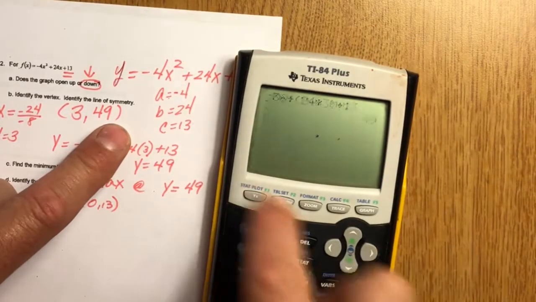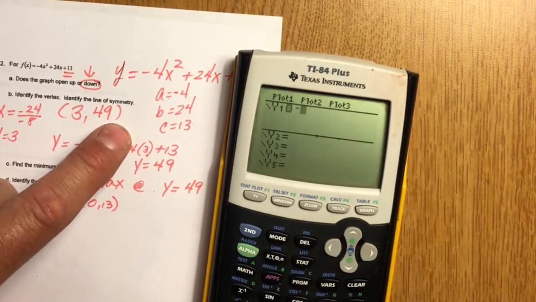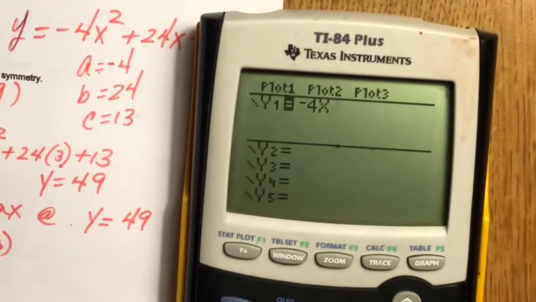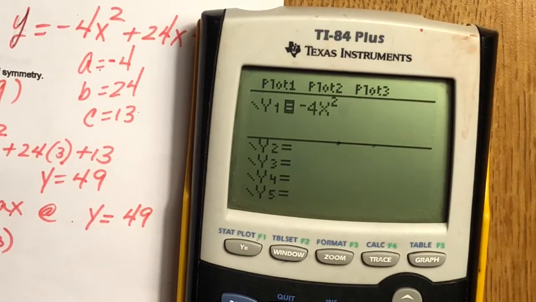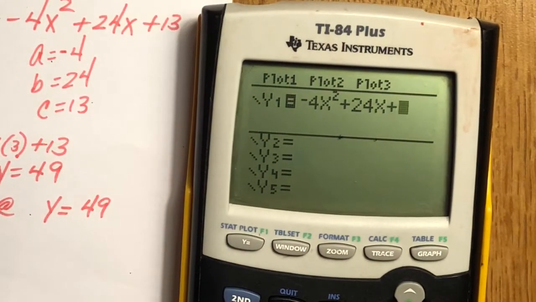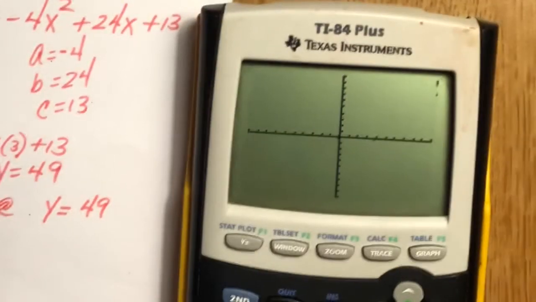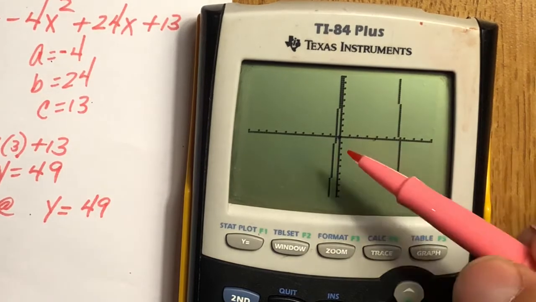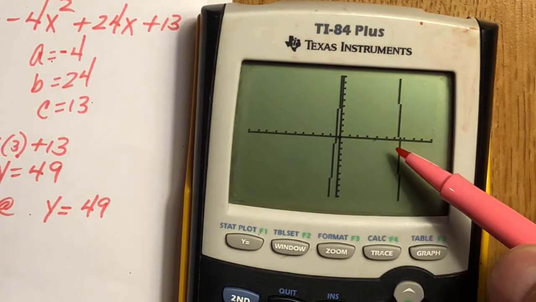Okay, so let's go over here. Negative 4x squared plus 24x and then plus 13. Now watch. I'm going to graph this. So zoom 6. Okay, so I got an intercept there and an intercept there.